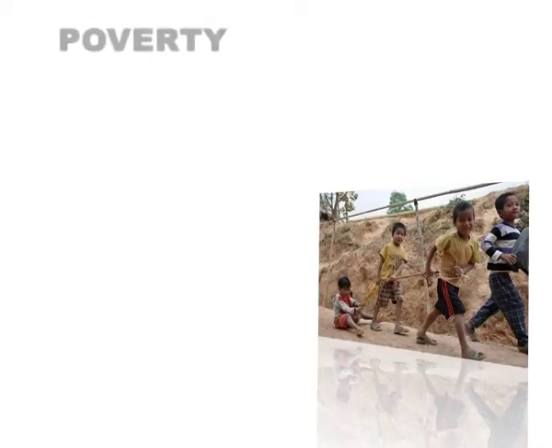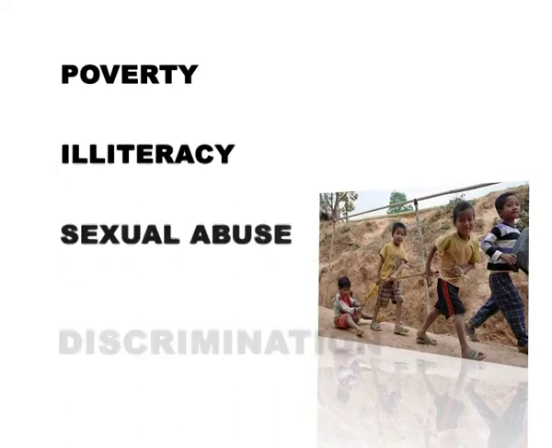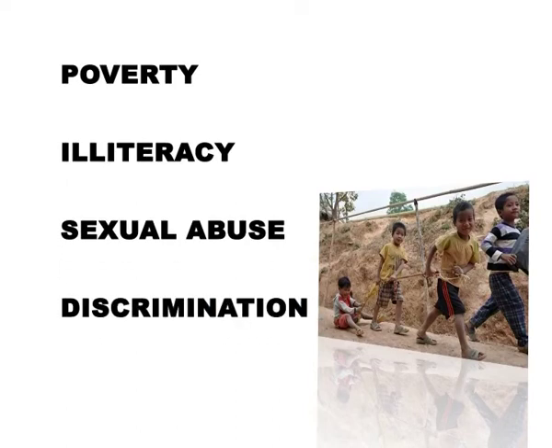Girls, when subject to sexual abuse or early marriage or when denied an education, are especially vulnerable. Children are also more vulnerable to HIV infection because of poverty, illiteracy, sexual abuse, discrimination, etc.